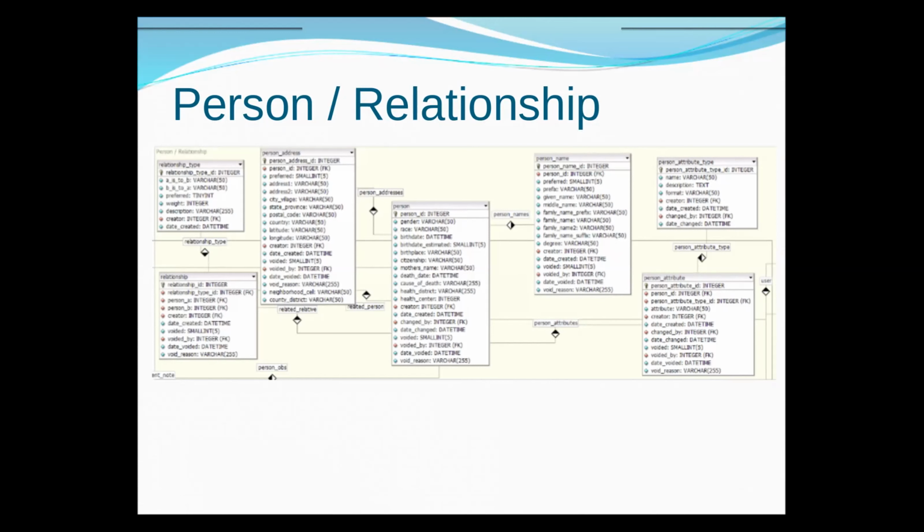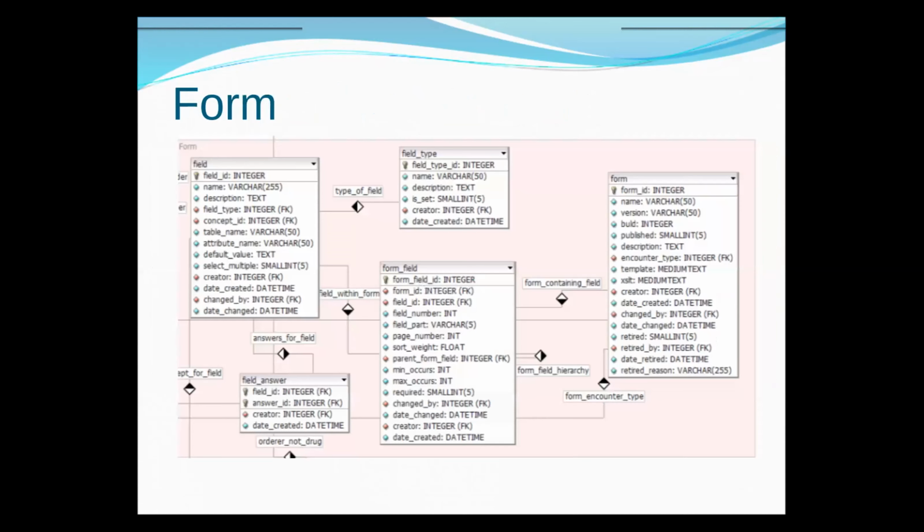Now, during an encounter, a care provider will fill one or more forms. And as you can see, our next model was a form. On a form, you'll have those questions and answers. If you say temperature is 37, that is basically an observation.